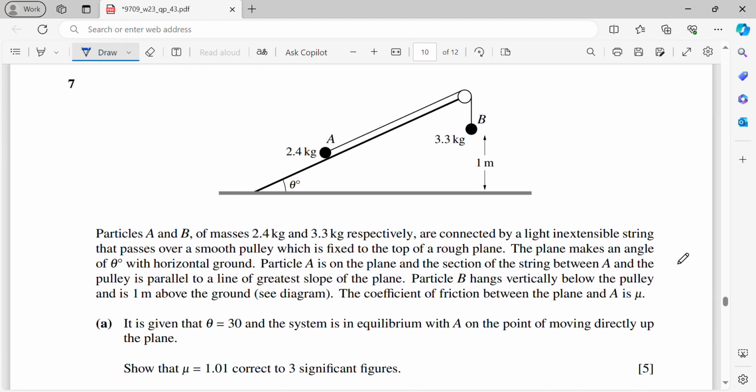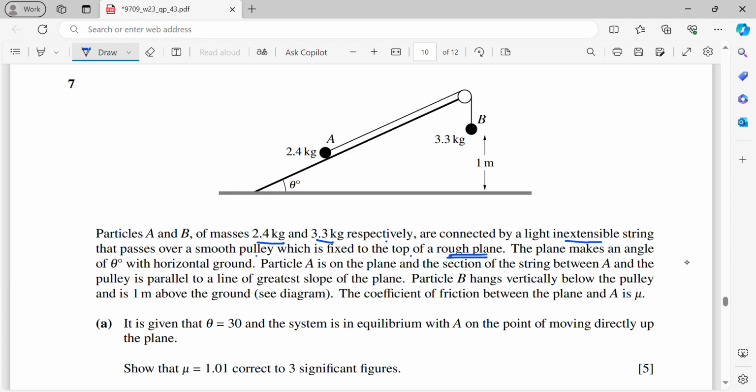Okay, now question number 7. Particles A and B of masses 2.4 kilograms and 3.3 kilograms respectively are connected by a light inextensible string that passes over a smooth pulley which is fixed to the top of the rough plane.